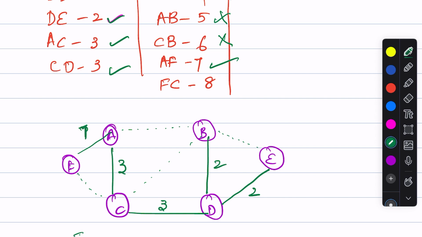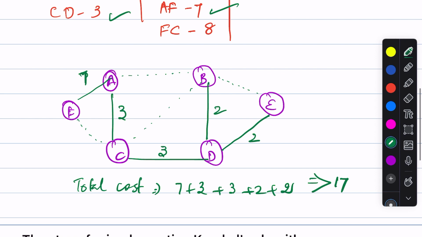tree. So the total cost of the spanning tree is 7 plus 3 plus 3 plus 2 plus 2, so the total cost is going to be 17. The time complexity for Kruskal's algorithm will be order of E log E. So what is this order of E log E?